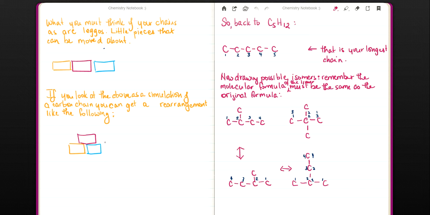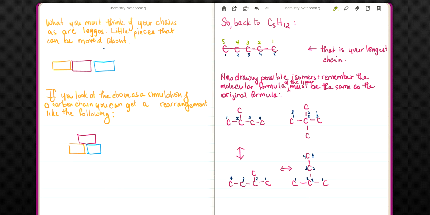Because if you move this in between here, or move this outside, it's still a long chain hydrocarbon, same as above. So back to C5H12. This is your longest chain, 1, 2, 3, 4, 5. And you can also say 1, 2, 3, 4, 5 from the next side, once it's like this.